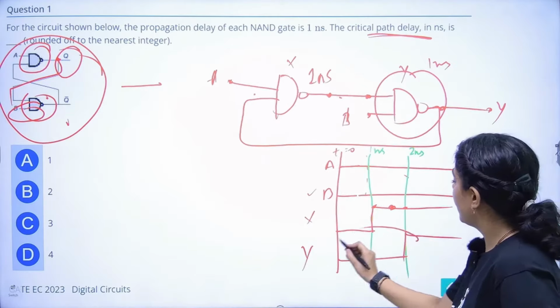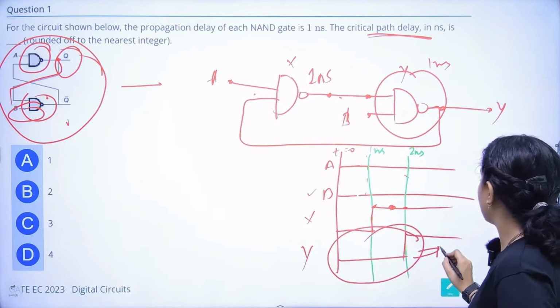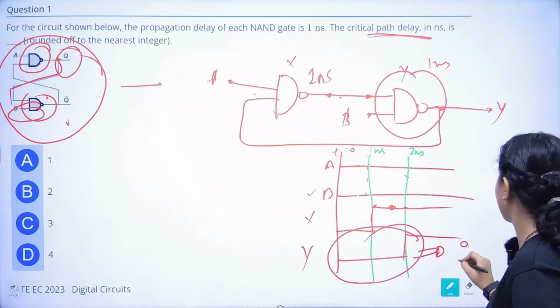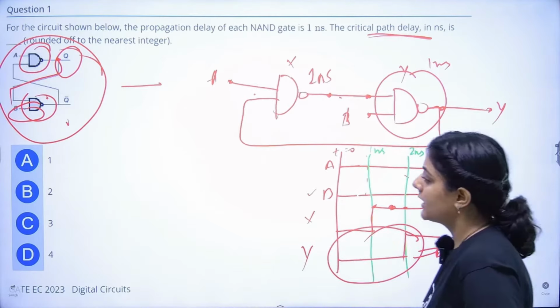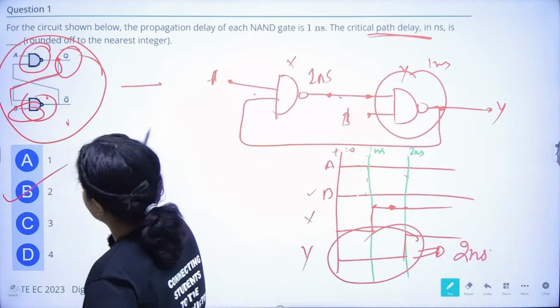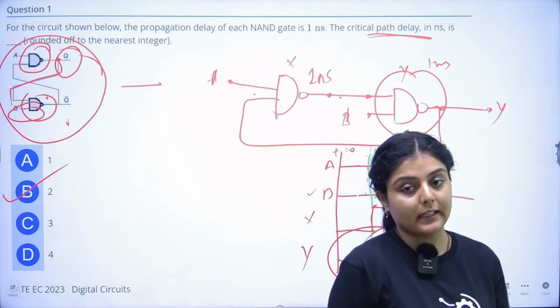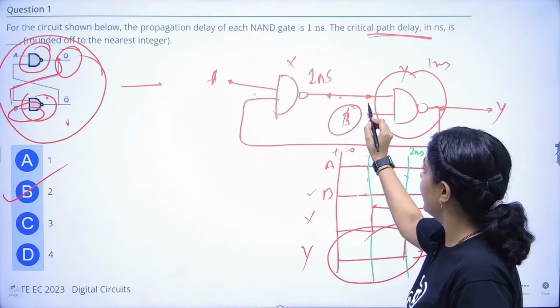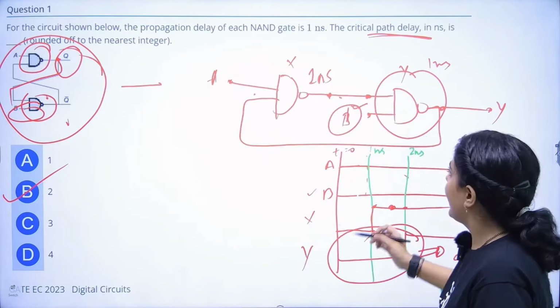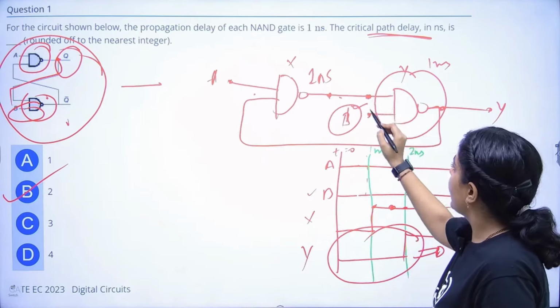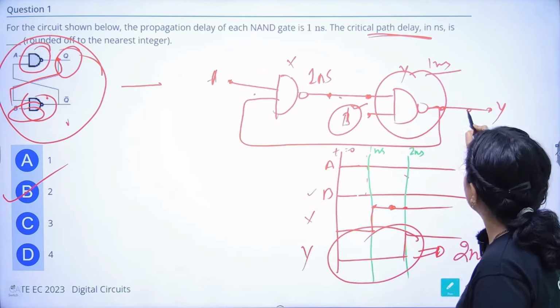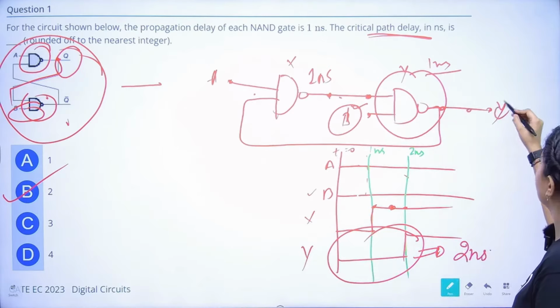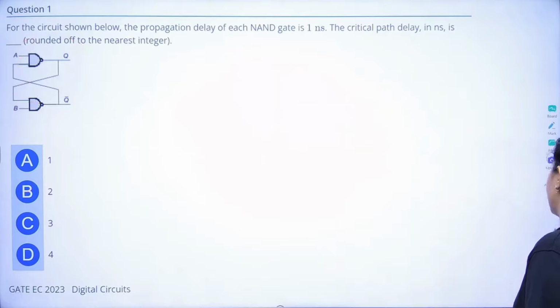So the total amount of time, the critical path delay, will be 2 nanoseconds, right? 1 nanosecond for this. Now input B is active all the time, right? It will take 1 nanosecond, and after 1 nanosecond it will give the final result, that is Q, right?